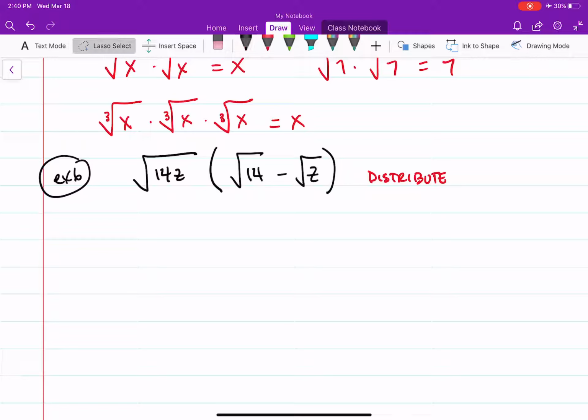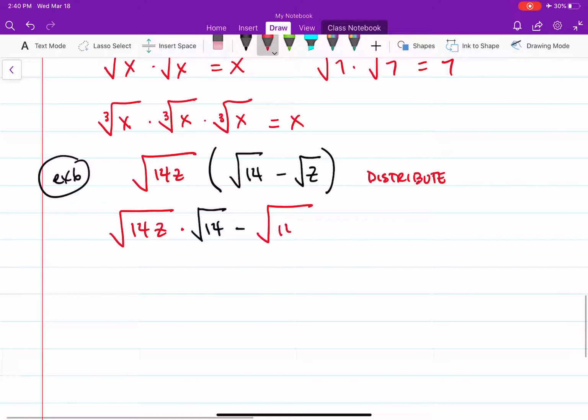So I'm going to take this and change that to red. I'm going to take the square root of 14z and multiply that by square root of 14, minus square root of 14z times square root of z.